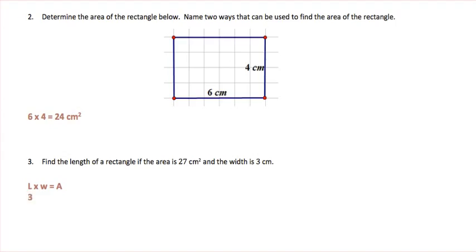So we'll put the width first. 3 times the length is equal to 27. And when we solve by dividing by 3 on both sides, we find that the length is 9. And these would be centimeters.